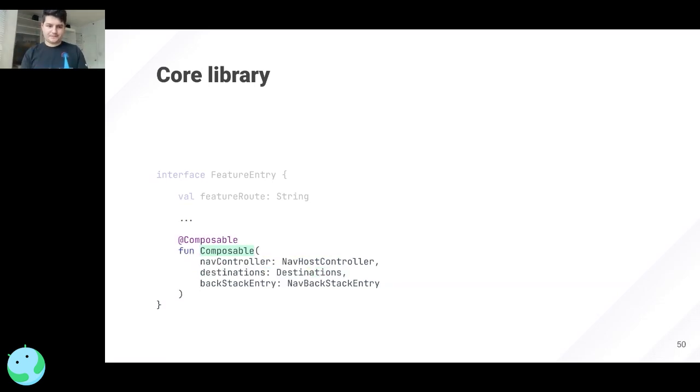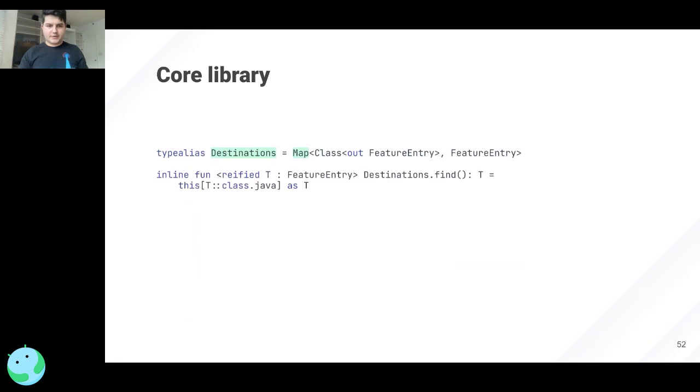which is also defined in this feature entry class. So eventually, the whole purpose of this feature entry interface is to have an abstract function annotated with the composable annotation. And also, you might see a weird class, destinations, but it's pretty simple. It's a type alias for a map, where the key is a class of a feature entry, any implementation of the feature entry, and the value is the feature entry itself.